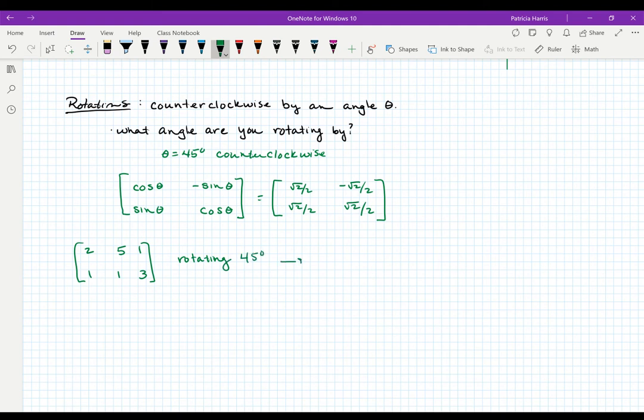So what we're going to do is we're going to take our transformation matrix. And we're going to use our calculators. So you might want to have those handy.